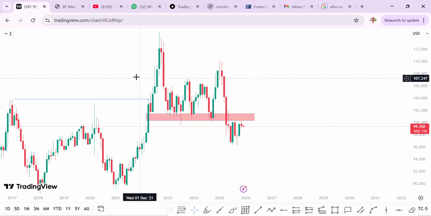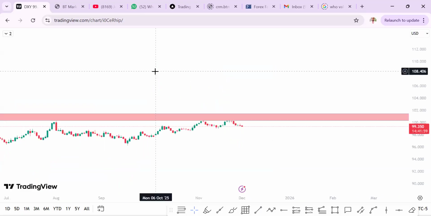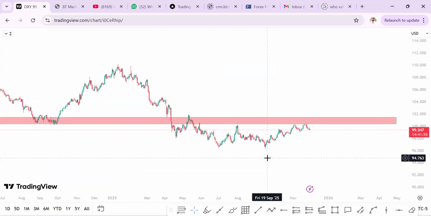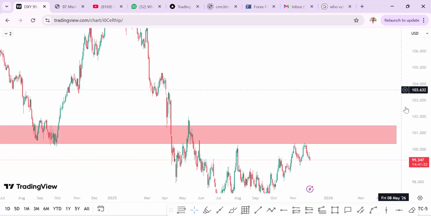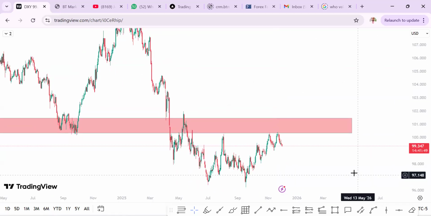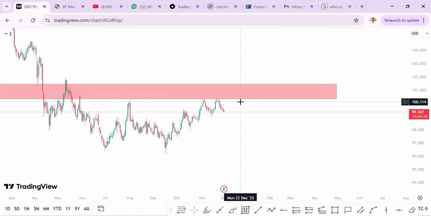Right, so now we go to daily. You see how we project from monthly to weekly and to daily. Daily has given us a holistic view of what we are looking at. You see that daily still tapped into that resistance zone and pulled it down.